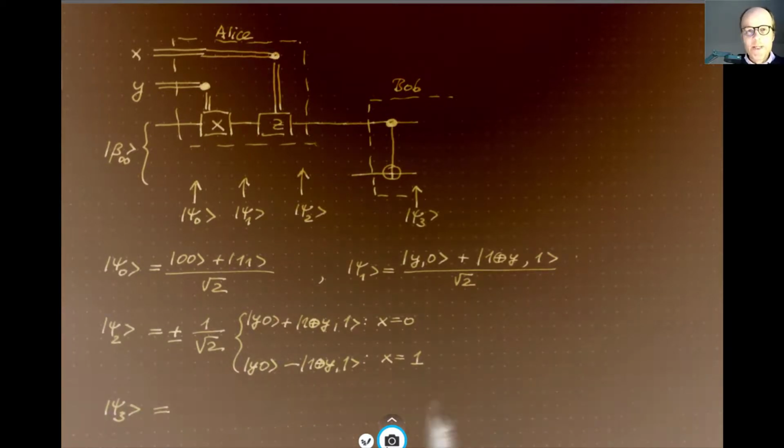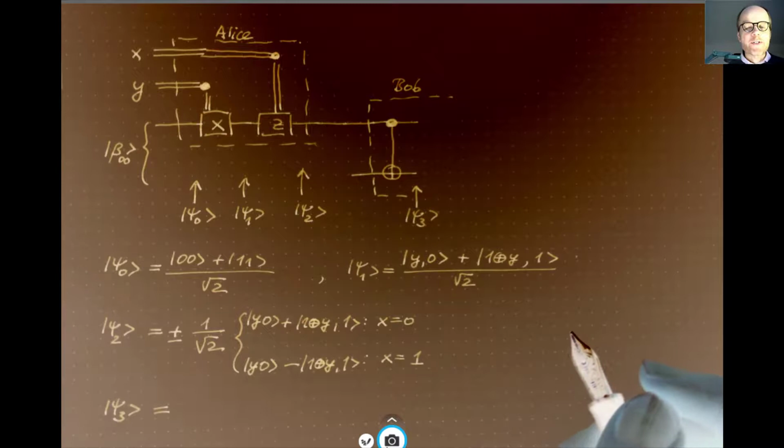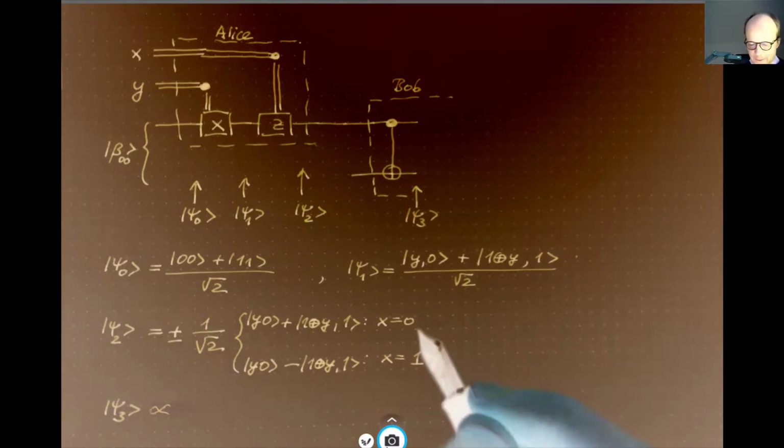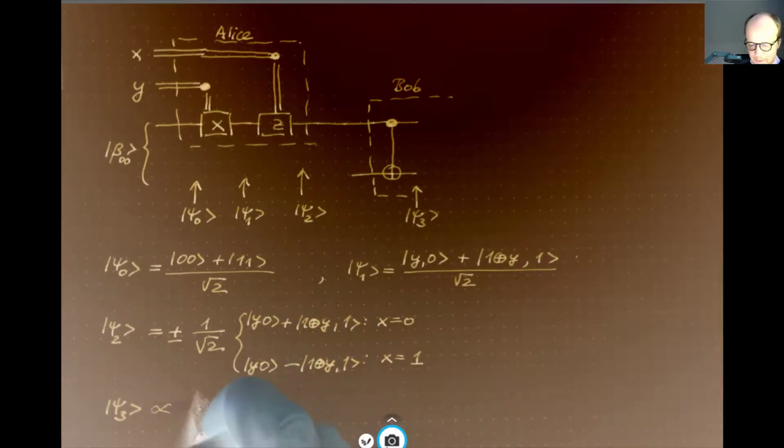Let me ignore overall signs and the 1 over square root of 2 and just write the proportionality here. That's all that matters. And let's keep the distinction of the 2 cases, x equal to 0 and x equal to 1.